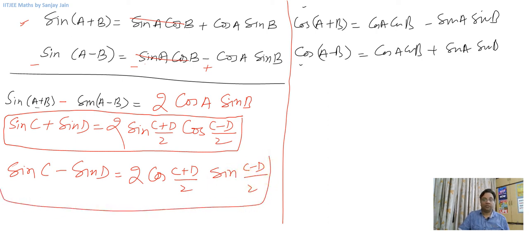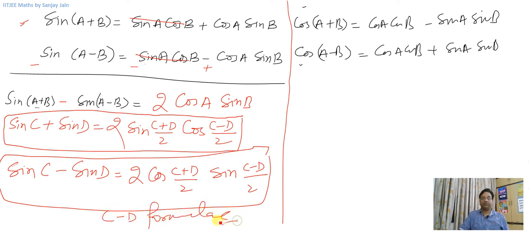So these are also known as CD formulae, and these are very important formulae. That sine C plus sine D is equal to 2 sine C plus D by 2 cos C minus D by 2, and sine C minus sine D is equal to 2 cos C plus D by 2 sine C minus D by 2.